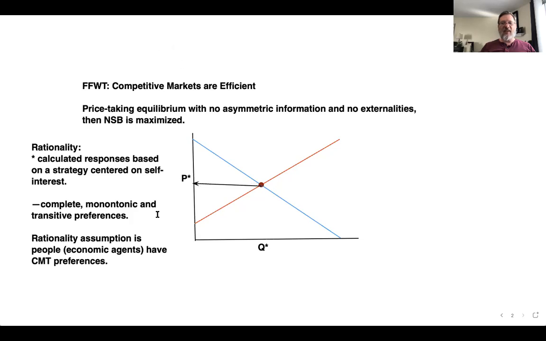I'm only drawing the arrow because I'm going to get rid of it in just a second, but I want to make sure that everyone knows exactly what those labels P star and Q star are attached to, which is that point where they cross.